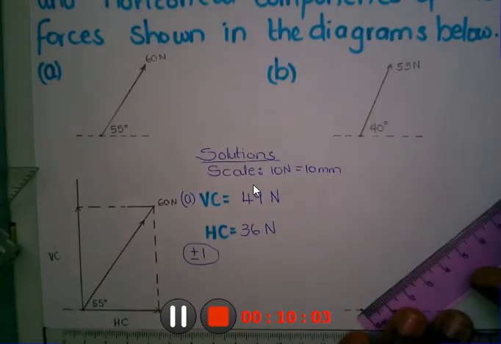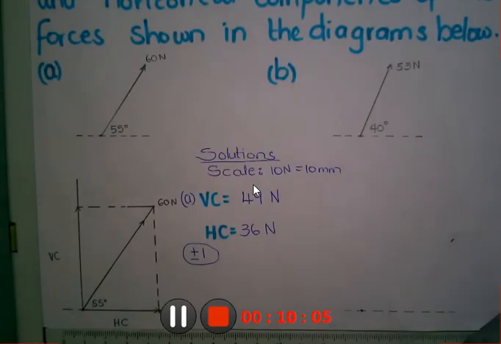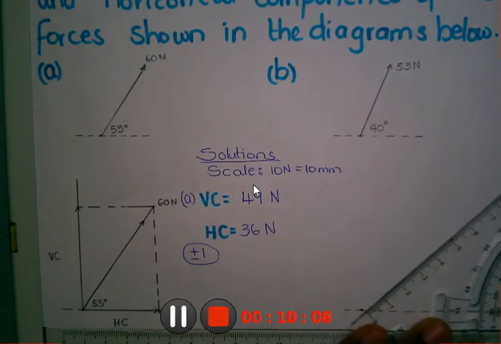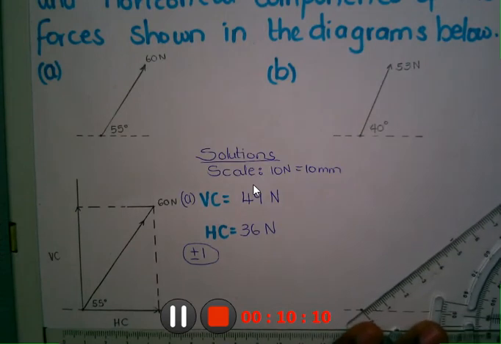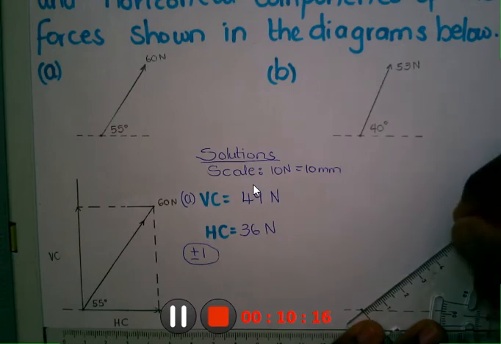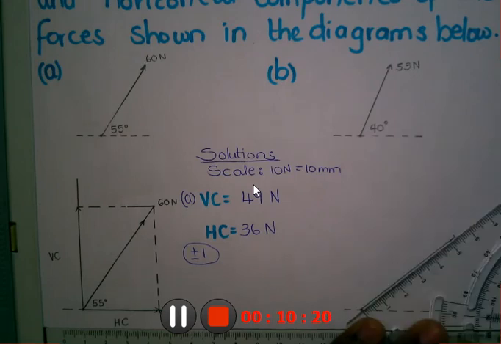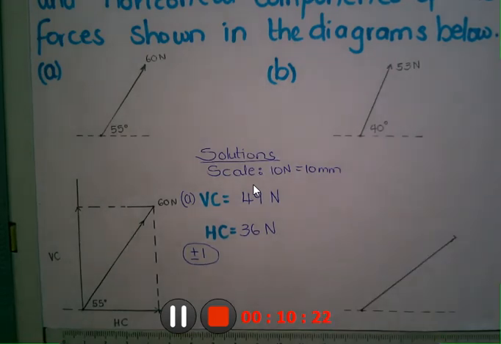Then my force is 53 newtons. Let me just use this ruler. 53 will be right there. That's where my line will stop. Okay, that is 53 newtons.